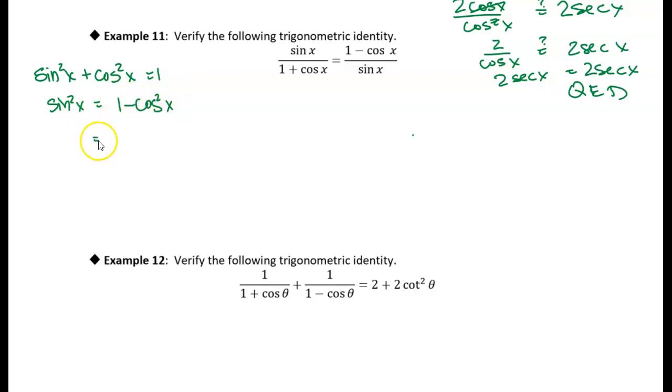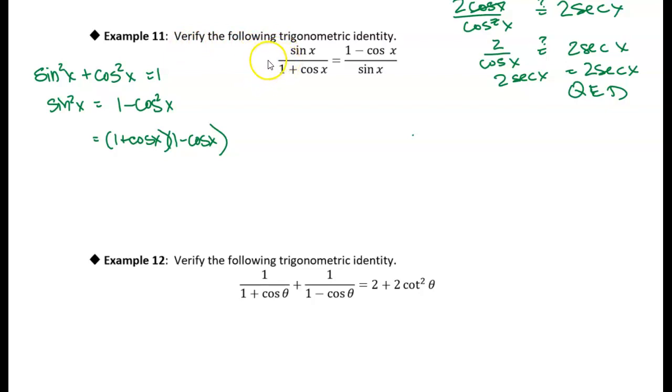And that's the difference of two squares. So I get 1 plus cosine of x times 1 minus cosine of x. And I'm going to use that to help me solve, or verify, this identity.